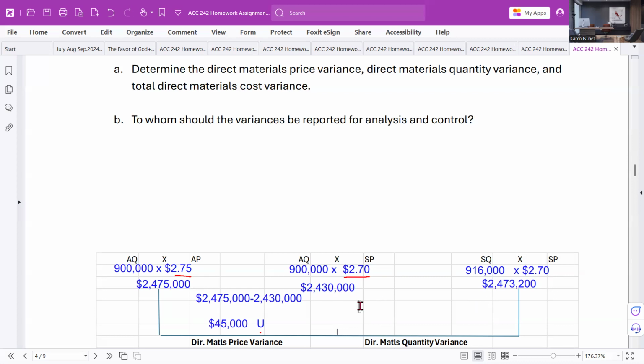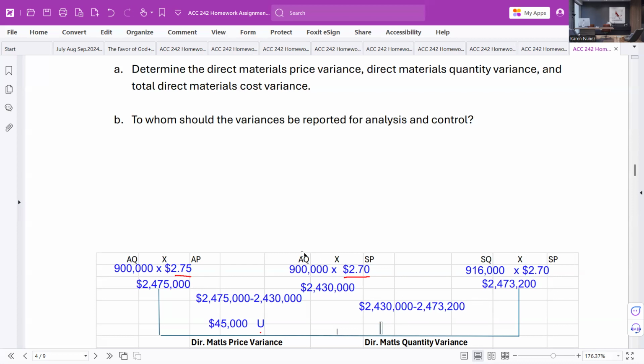We want to take that 2,430,000 minus the 2,473,200. That will give us our quantity variance. And that quantity variance, well, it's going to be favorable. How do we know? Because they use less.